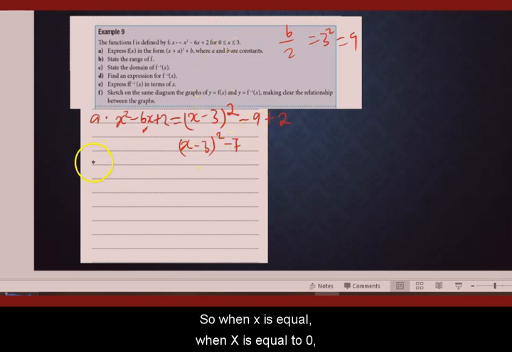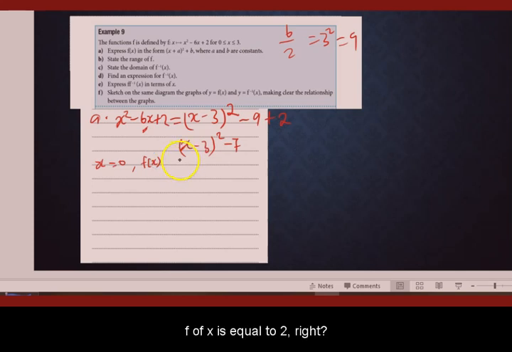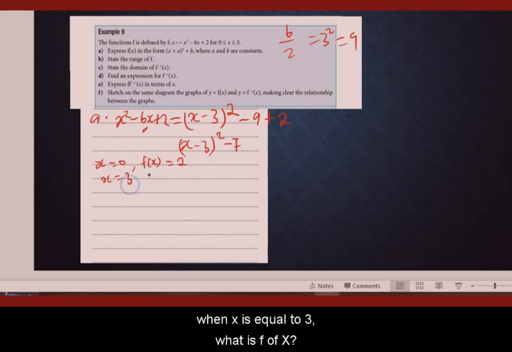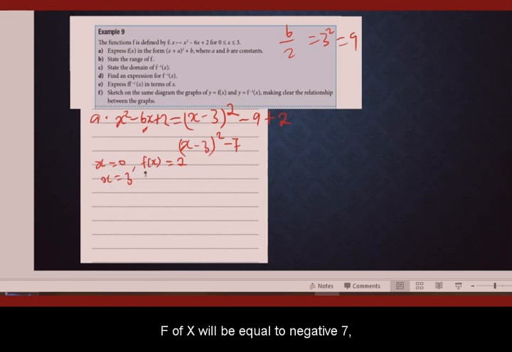So when x is equal to 0, f of x is equal to 2, right? And when x is equal to 3, f of x will be equal to negative 7, which is the minimum value. So f of x cannot be less than this.